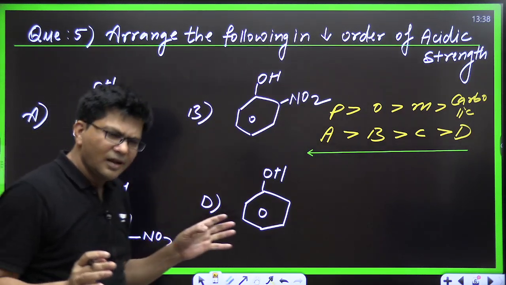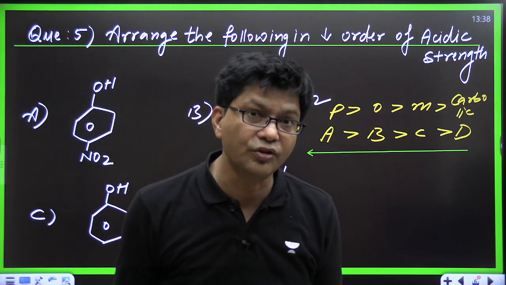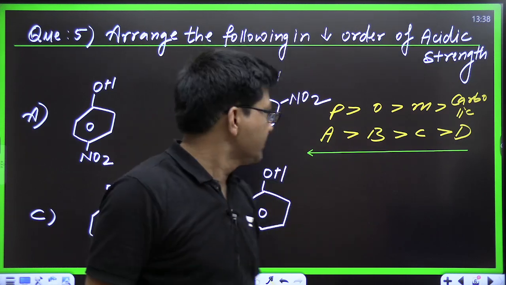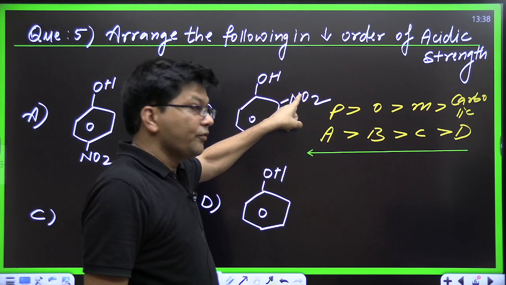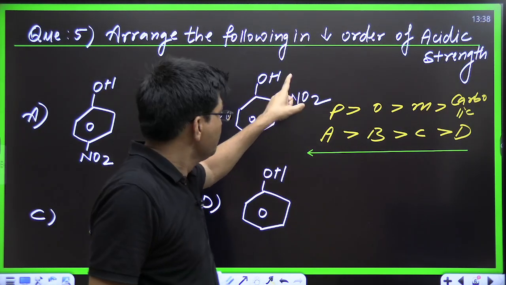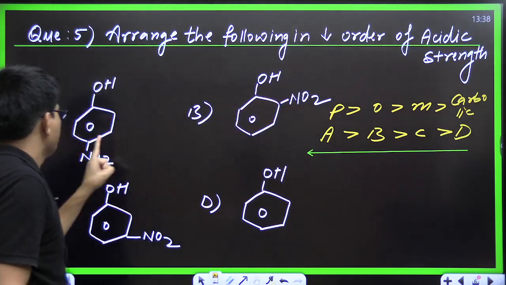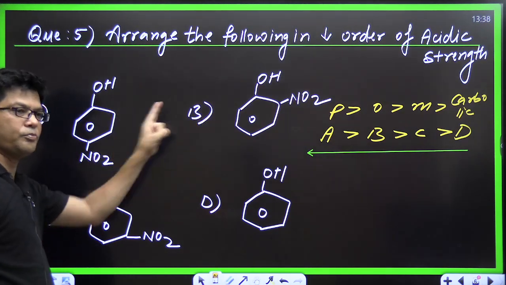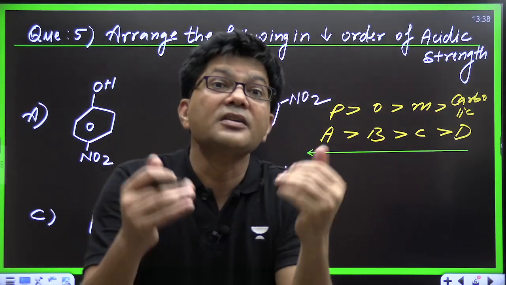See, kids, I'm not like God. I'm also a human being, a teacher. If by chance I don't know the data, I must have said that definitely this is going to be most acidic because of the mesomeric effect, minus M and minus I, more minus I. The minus M effect of this and the minus M effect of this both have the same amount, because resonance does not depend on distance.